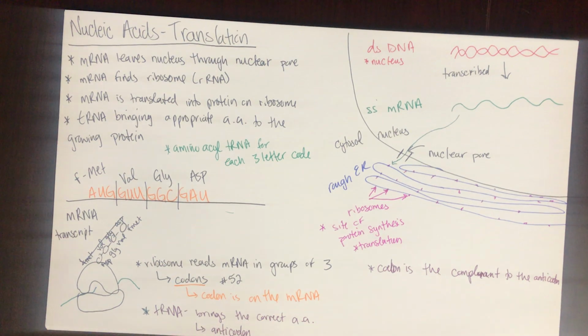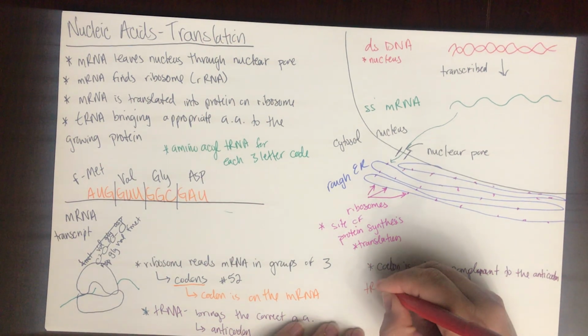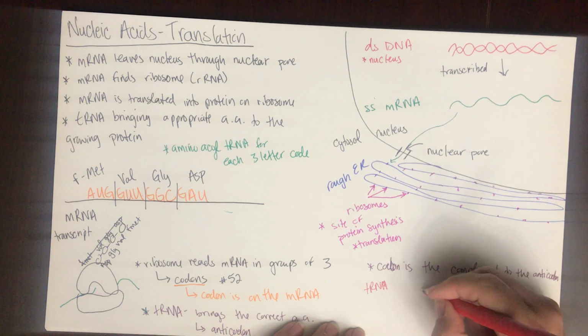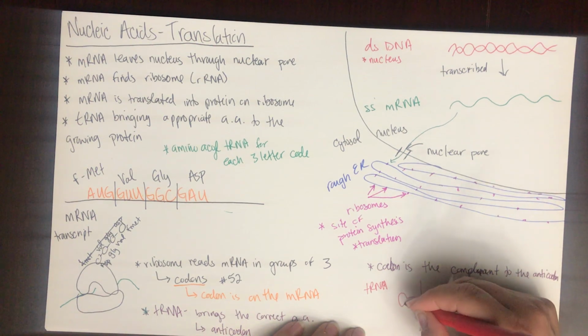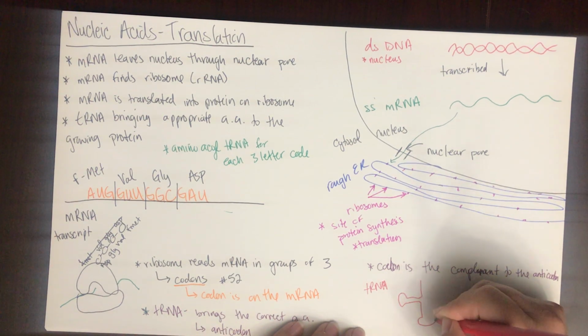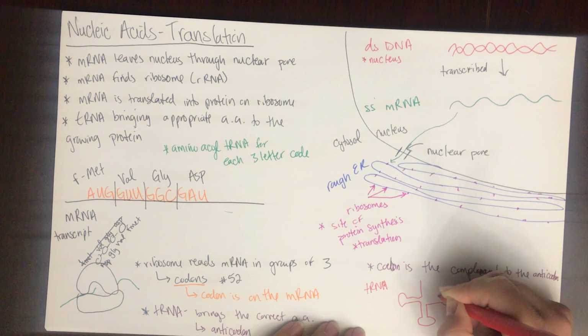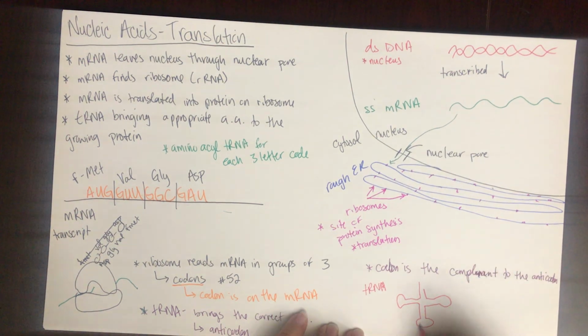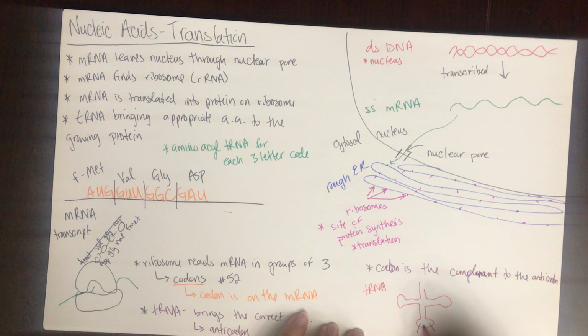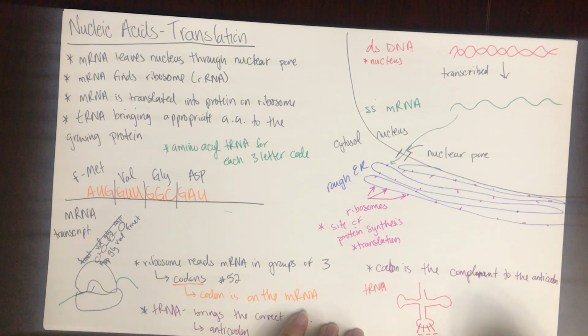There is a picture of the structure of a tRNA in your lecture notes and in your textbook. It looks kind of like a neighborhood with cul-de-sacs at the end. And down here, there are 3: 1, 2, 3. These 3 places, this is the anticodon.